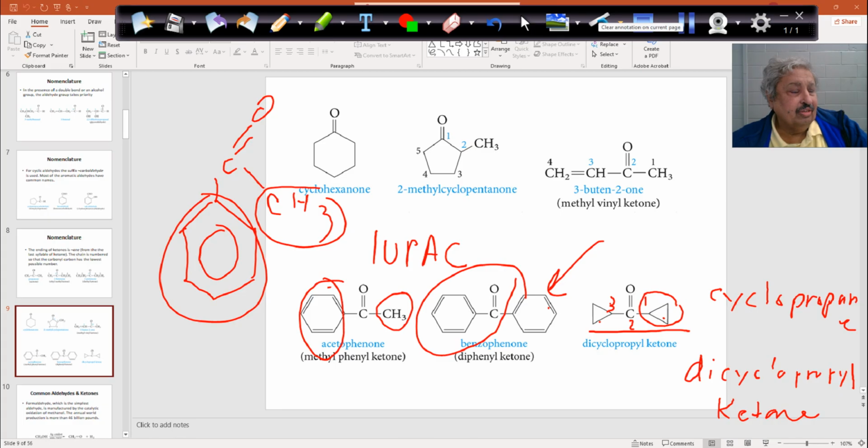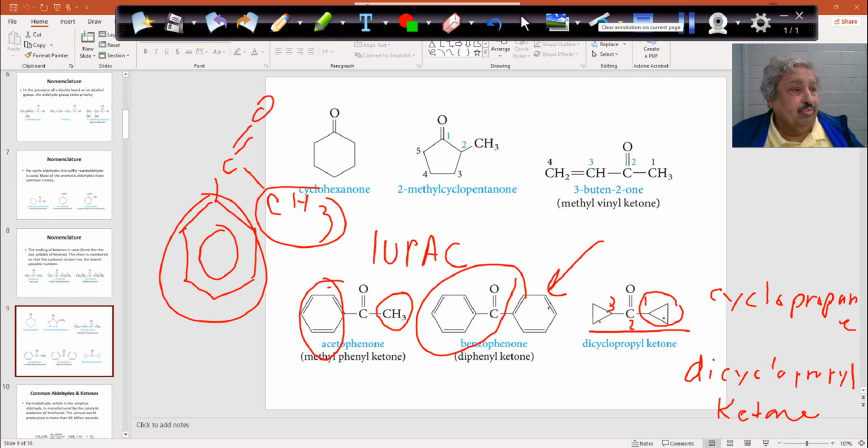In order to have a ketone, you have to have a molecule of 3 carbons. You cannot have ketones with 1 carbon or 2 carbons. You have to have a molecule that has 3 carbons. Then yes, that's the starting of the ketones. But the aldehyde, you can have 1 carbon. That's fine.